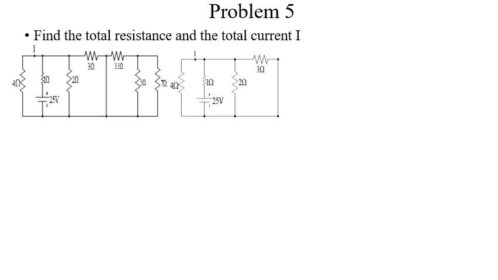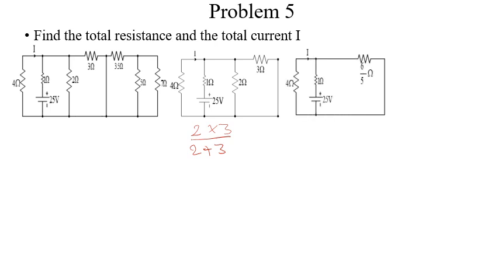So what do we say? 2 times 3 all over 2 plus 3, which is equals to 6 over 5.